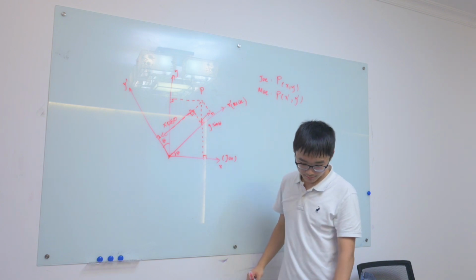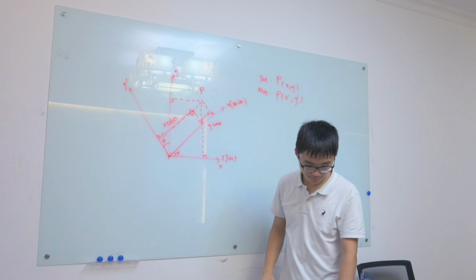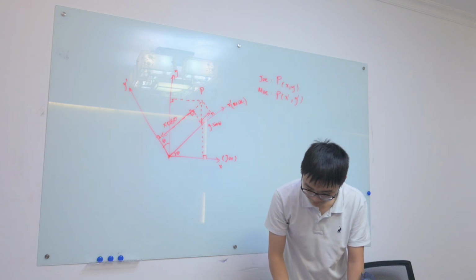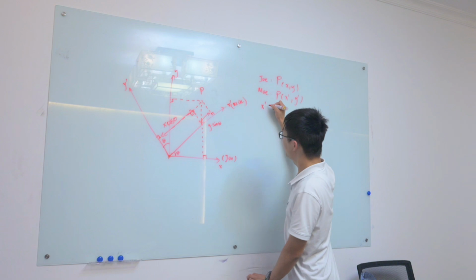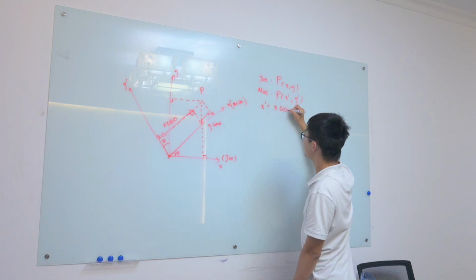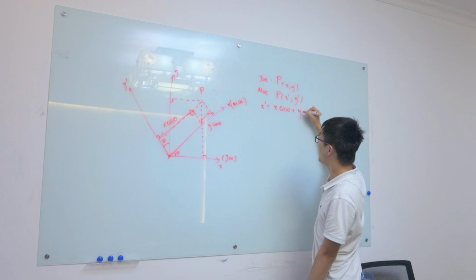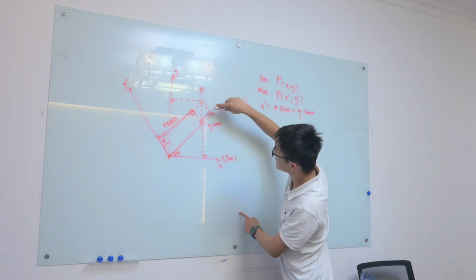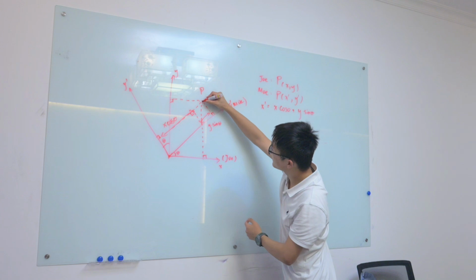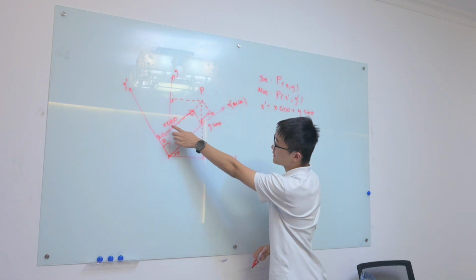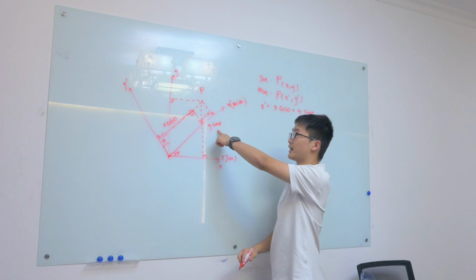And according to these two, we get x prime equal to x times cosine theta plus y times sine theta. Because you see, in this coordinate system, x prime is this length.